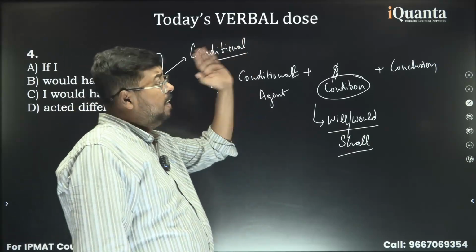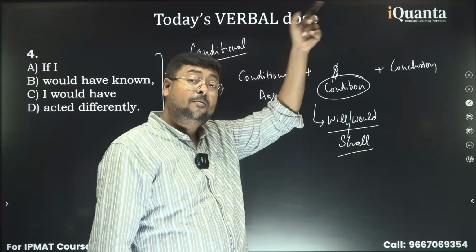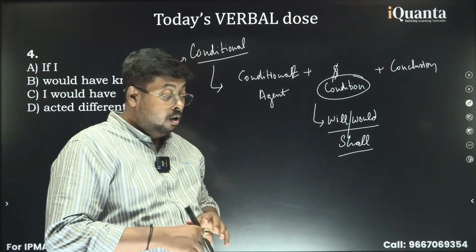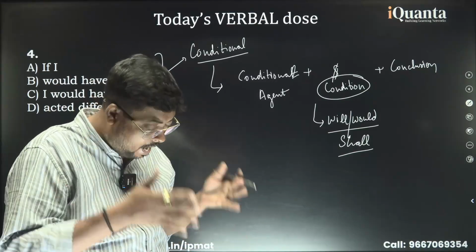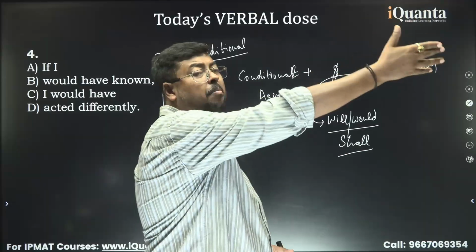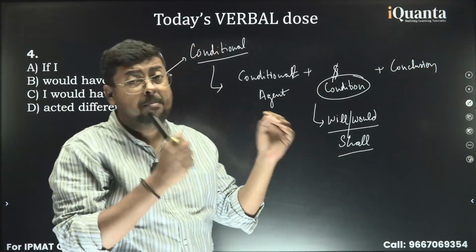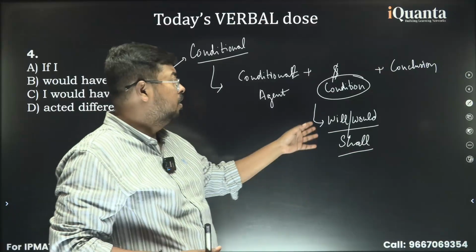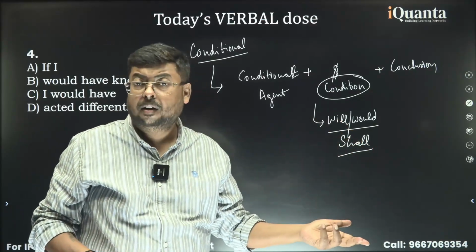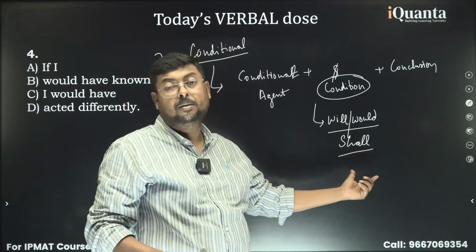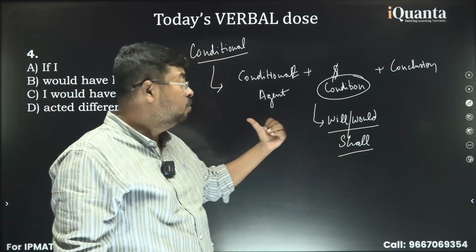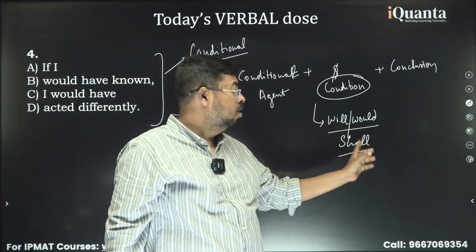Because when I say if that thing happens, we are already talking about something which has not happened yet, which is not happening right now, which is going to happen in the future. So it does not need a future reference anymore, right? That's why I do not need will, would, or shall.